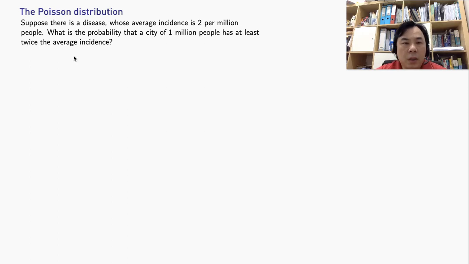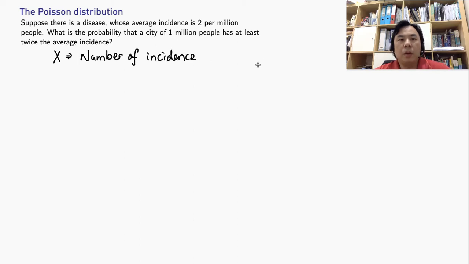Now, first of all, we're going to represent our X. X represents the number of incidents due to a disease. I just make it simple here: the number of incidents that occur due to a certain disease, for instance COVID-19, and this is a Poisson distribution.